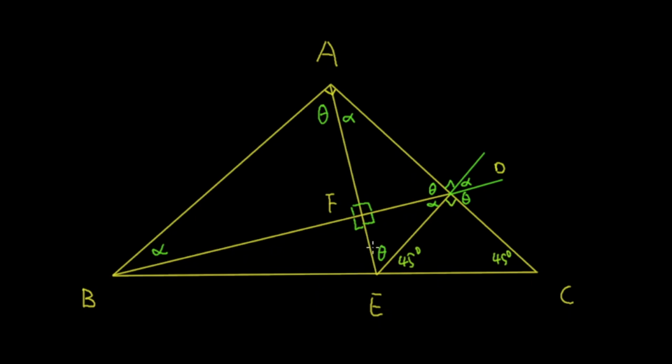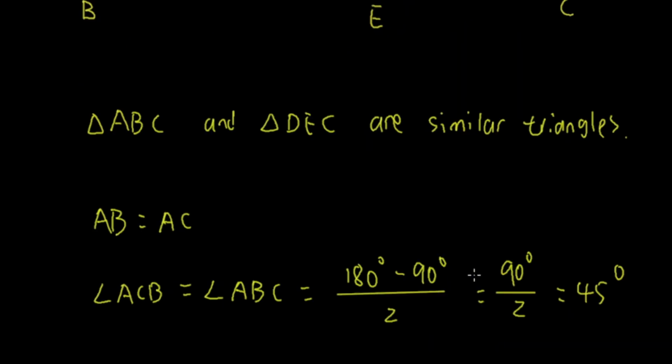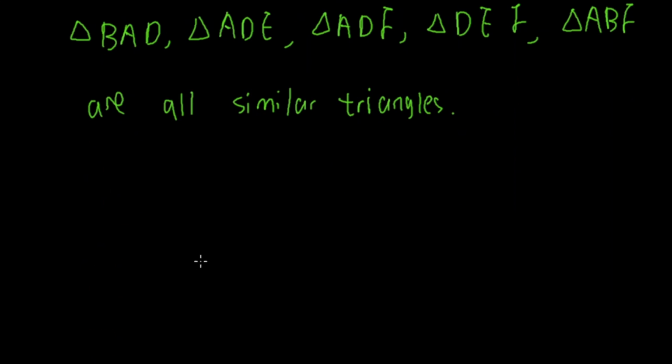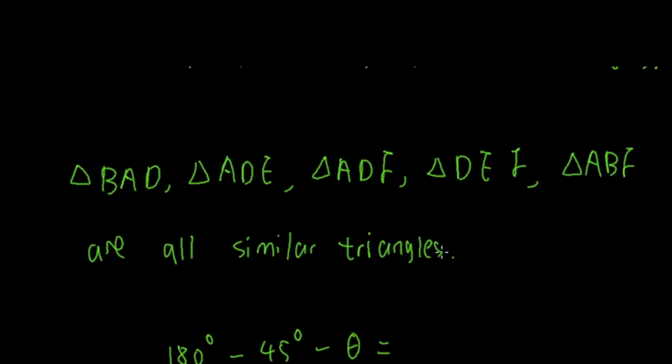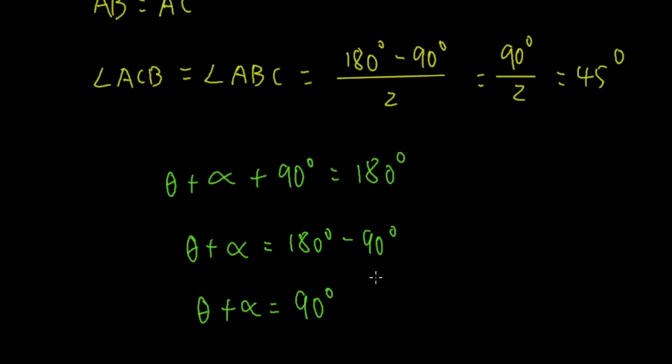So look at this angle here. What's this angle here? Now we know that this whole angle here is 180 degrees. So if we take 180 degrees minus 45 degrees minus theta, we get this angle, right? What's that equal to? Now from here, we know that 180 degrees minus 90 degrees is theta plus alpha, right?